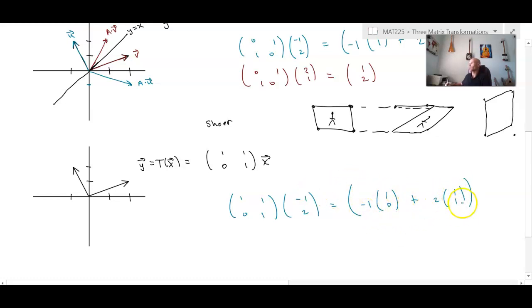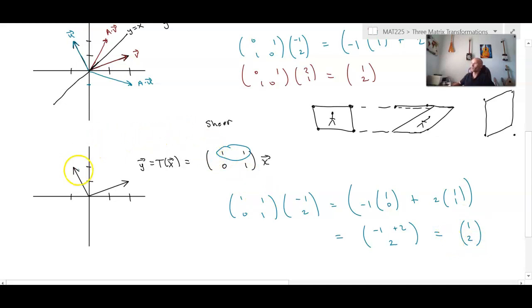The vector originally was negative 1, 2. In the top component, what we're going to get now is negative 1 plus 2. So notice that what this really does is it sums the x and y components together and makes it the new x component. And the y component is still 2 times 1. Negative 1 times 0 is 0. 2 times 1 is 2. So this becomes the vector 1, 2.